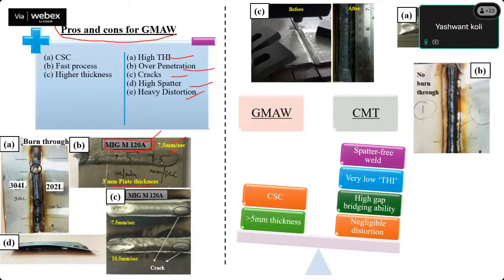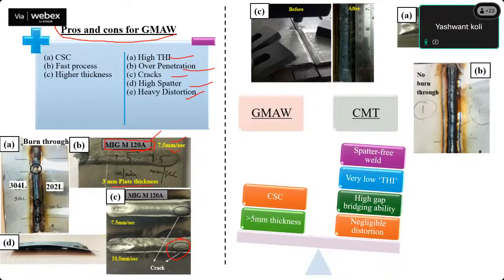You can see over penetration with the GMAW process, but the same thing achieved by CMT with 120 ampere current and the same speed, there is no over penetration, thermal heat input is very less, and at this same current the cracks are formed in the GMAW process, but here no cracks are formed. It's a very good weld bead.